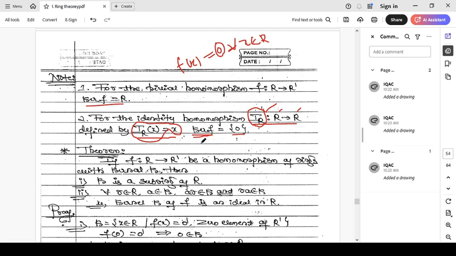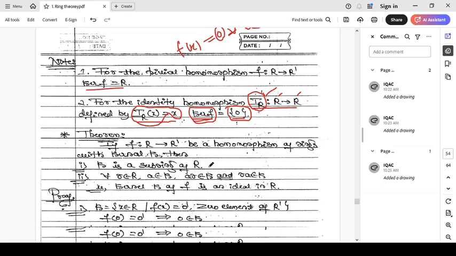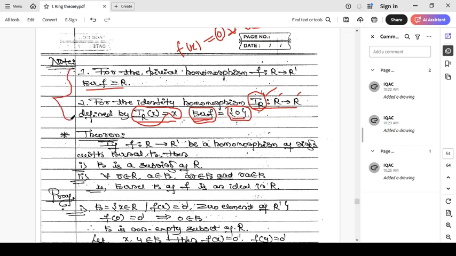If you observe the definition of the kernel, f of x is 0 dash, or 0, for x belonging to R. So the kernel contains only the zero element, a singleton set containing the element 0. These are the notes you need to remember.